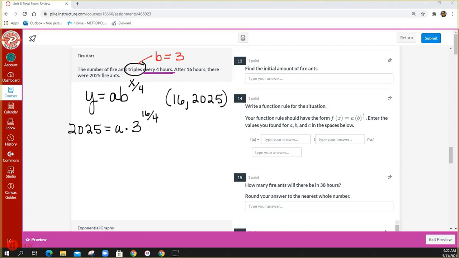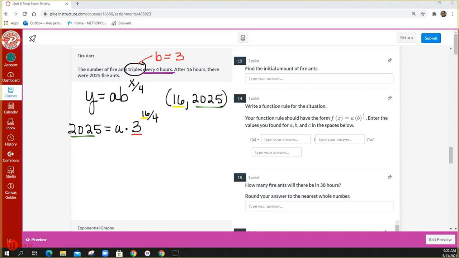So I'm substituting in my x, and I'm substituting in my y. So x, and then my y goes here, and then my multiplier b goes here.